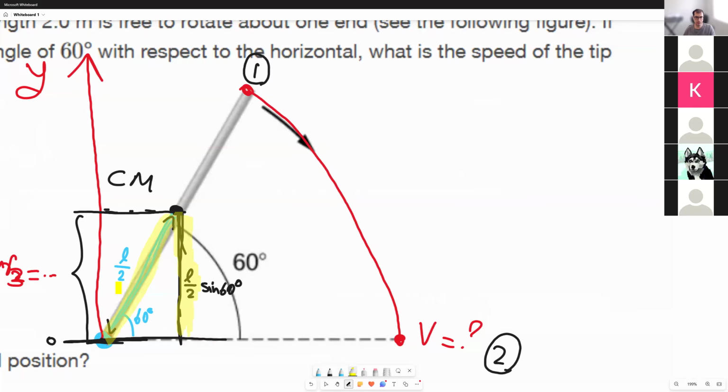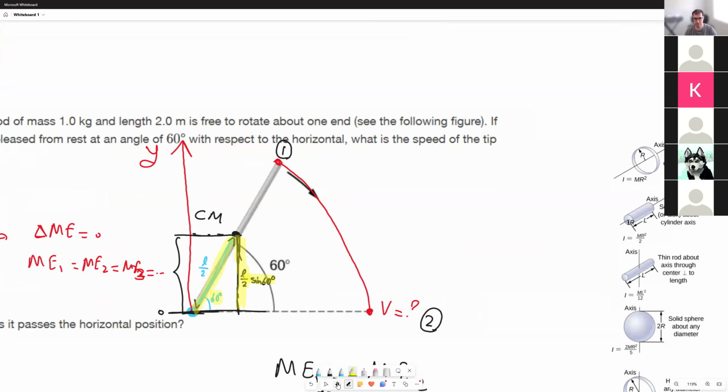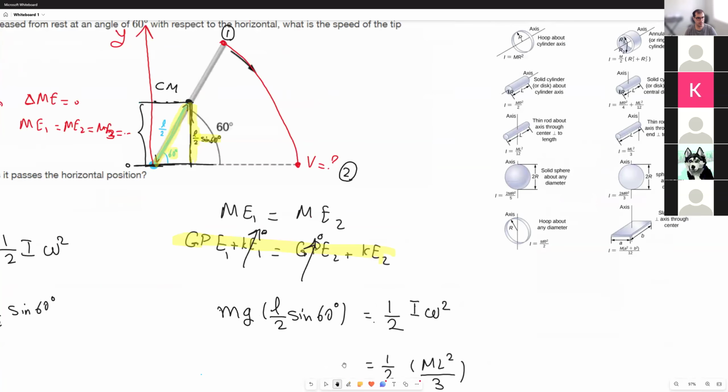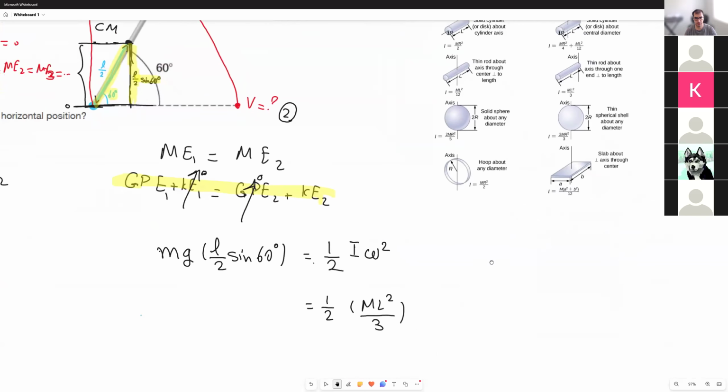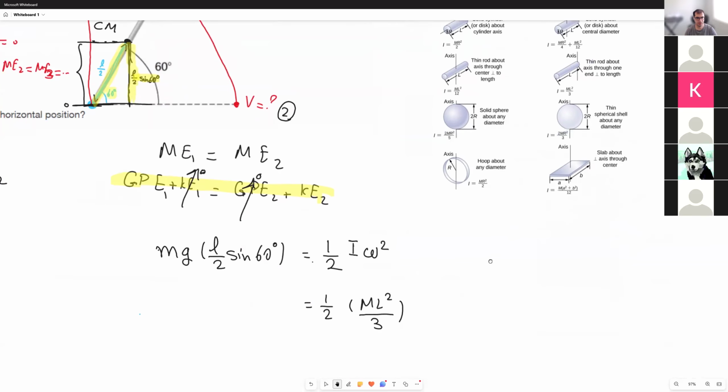Then this is going to be L over 2 sine 60. This angle is 60 degrees. That's it. Just geometry. Okay, Parmod, do you agree as well? Okay, good.